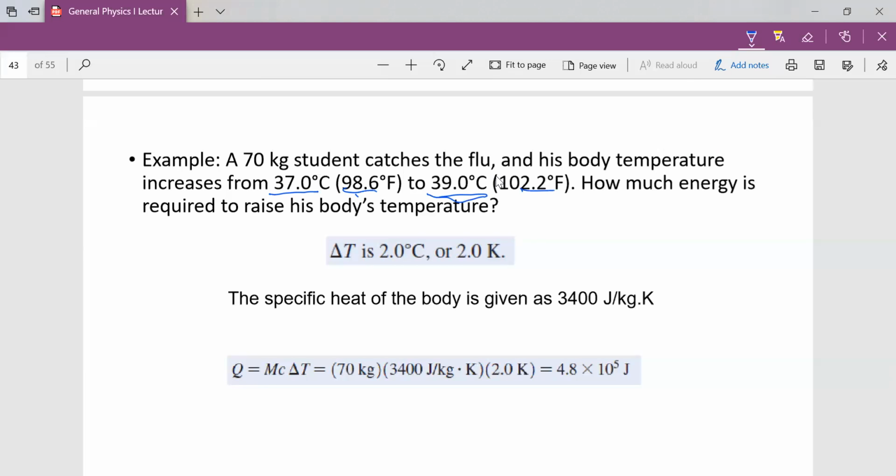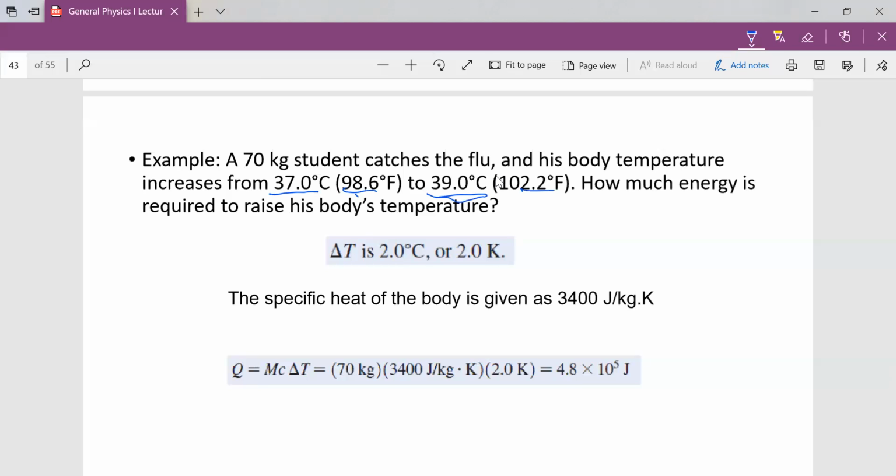The question now is how much energy is required to raise his body temperature? For there to be a temperature change, it means energy has been applied that brought about that, okay? So the question is asking us to find the amount of energy required to change the body temperature of that student.